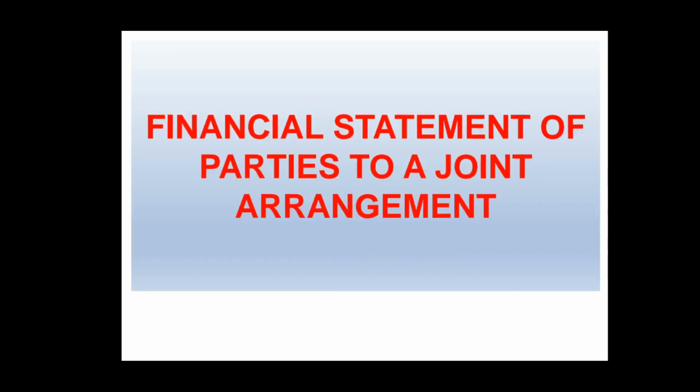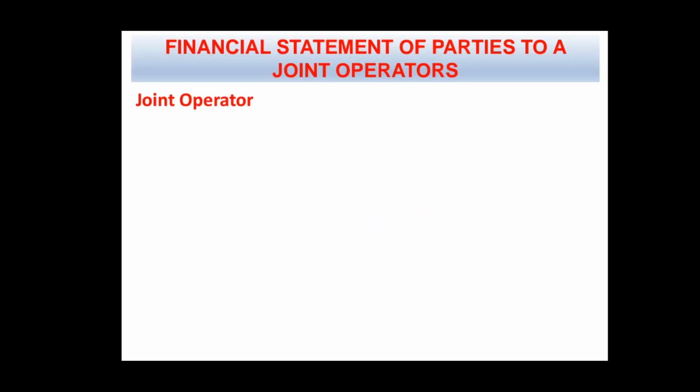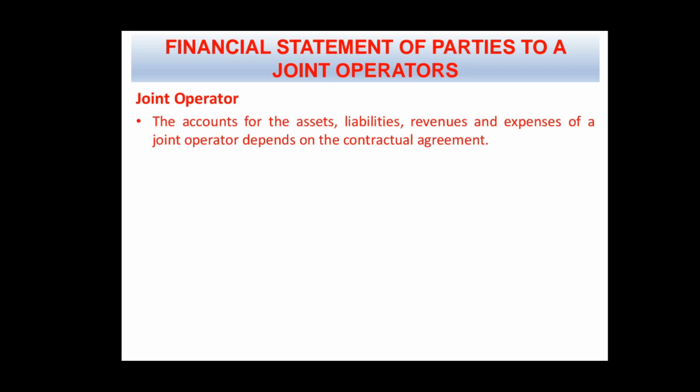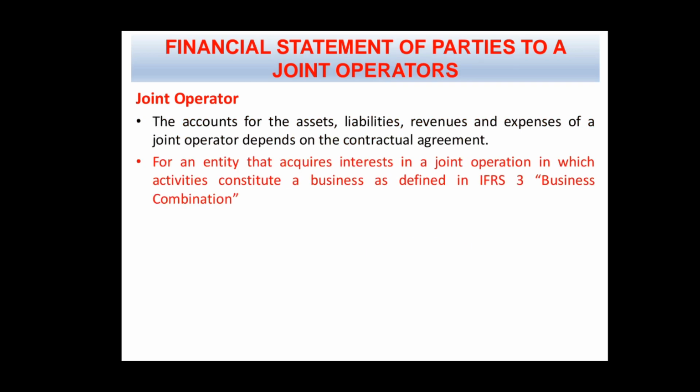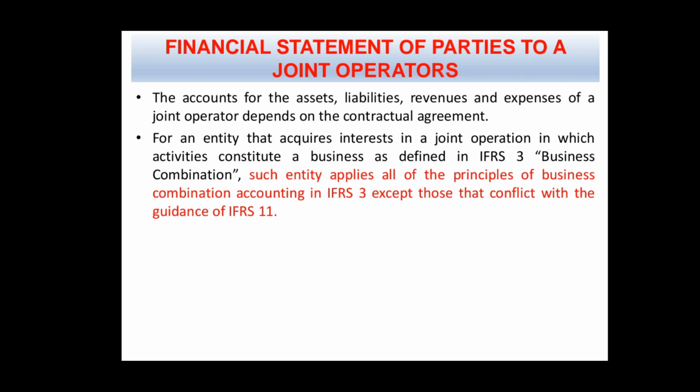So let's look at the financial statements of the parties to a joint arrangement, and we are going to start with a joint operator. For a joint operator, the accounting for assets, liabilities, revenues and expenses depends on the contractual agreement. An entity that acquires an interest in a joint operation in which the activity constitutes a business as defined by IFRS 3, that is business combination, applies all the principles of business combination accounting in IFRS 3, except those that conflict with the guidance of IFRS 11.